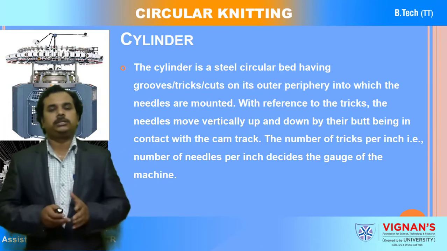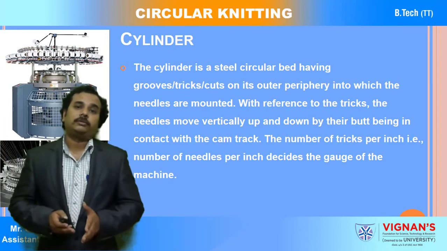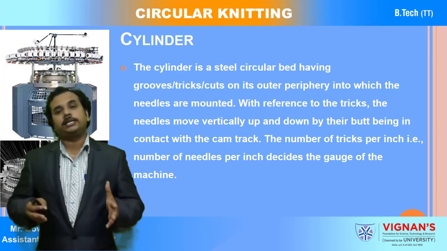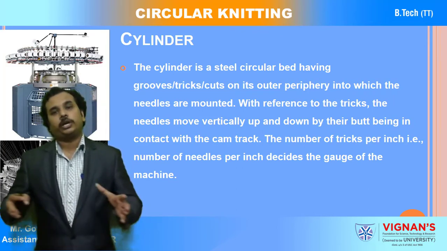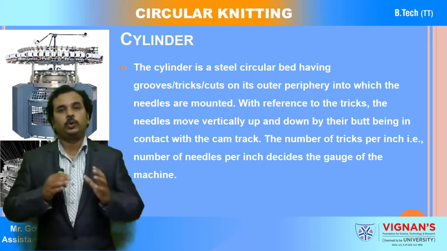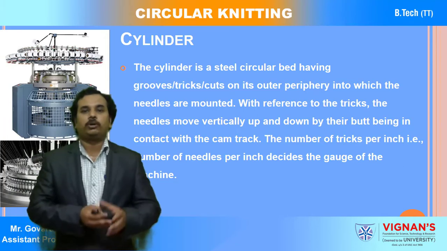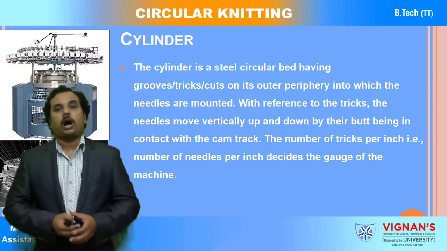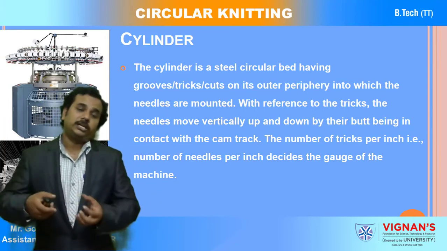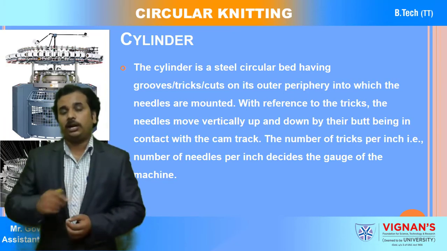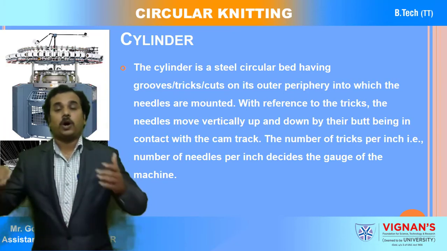And the next element is the cylinder. So what exactly is the cylinder? The cylinder is a steel circular bed having grooves, trikes or cuts, that we are talking about, trikes or slots. At the outer periphery of the cylinder we have trikes or cuts.